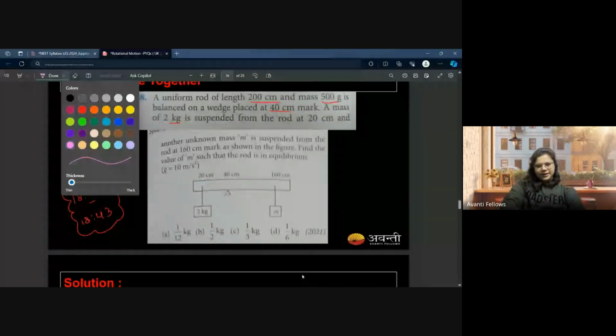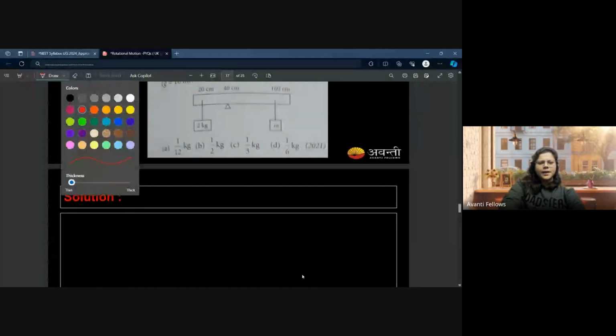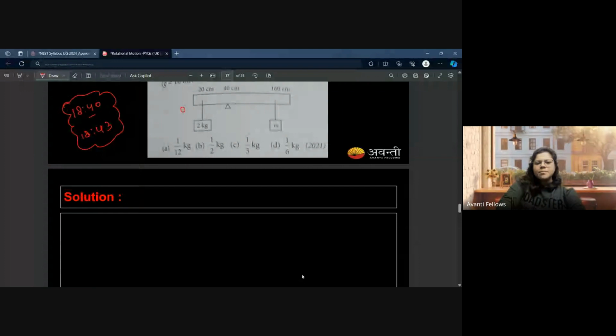Let me draw this diagram, or okay, I'll explain it over here. So basically, you will say ma'am 0 centimeter is at this end, at end A. The end B is at 200 centimeter.